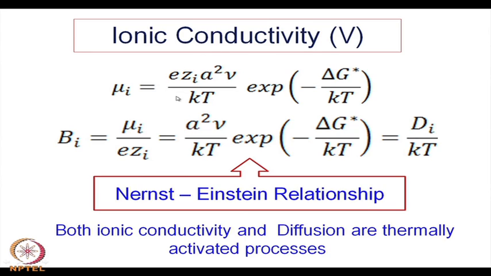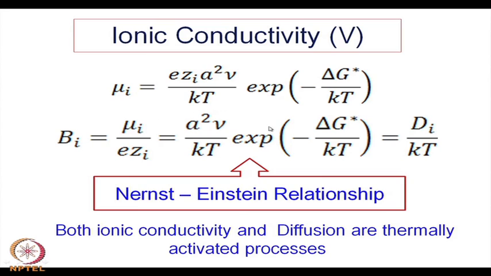The sigma is an exponential term, and the mobility is also an exponential term, which is exp of minus delta G star by kT, with a pre-exponential constant, where e, z_i, a and nu, the vibrational frequency, are there.